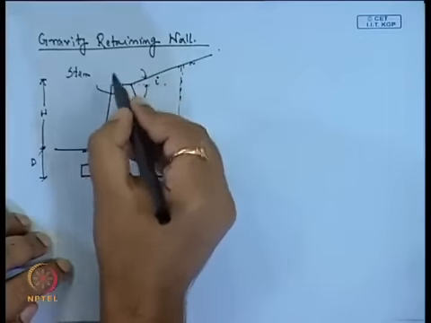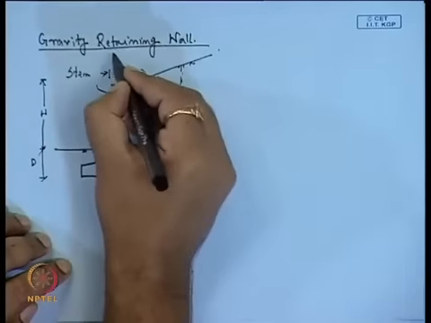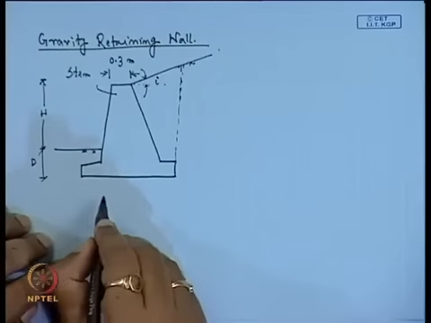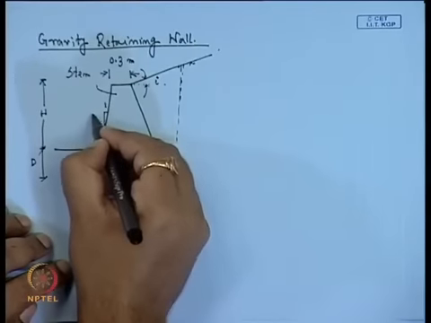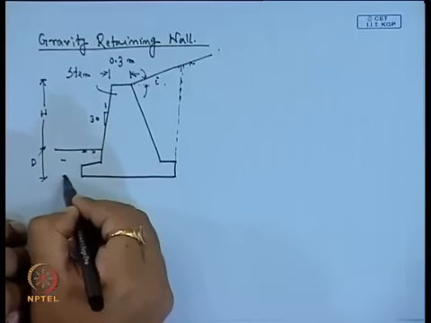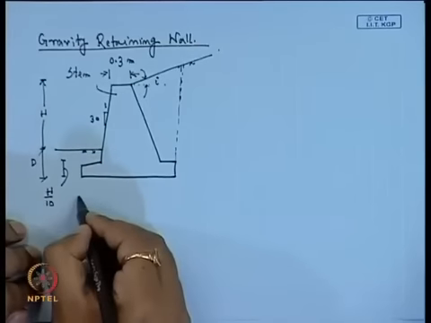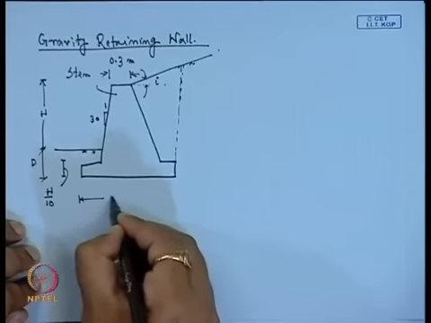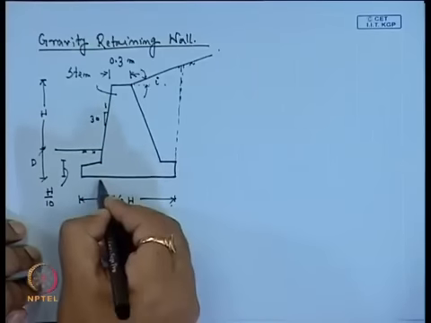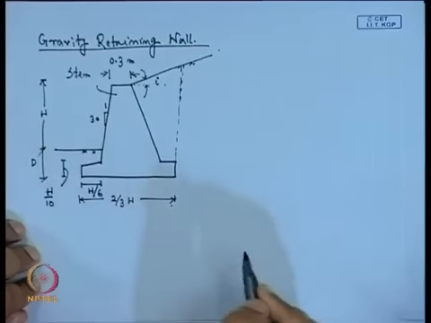Now, the guideline provided is that for this top portion take around 0.3 meter or 300 millimeter. Now, the slope is 1:30. The height of this base is taken as H by 10. With this guideline, we can consider 2/3 of H, and this extended portion is taken as H by 6.